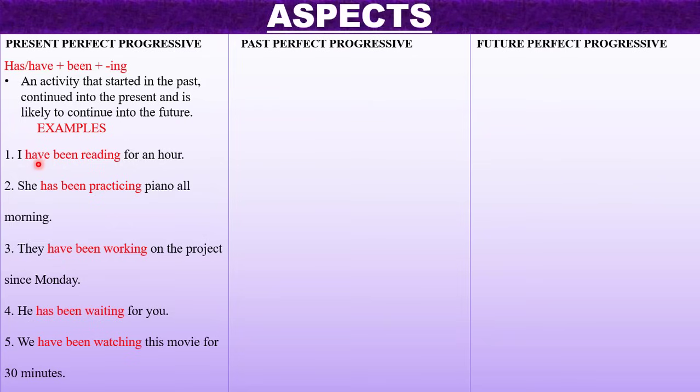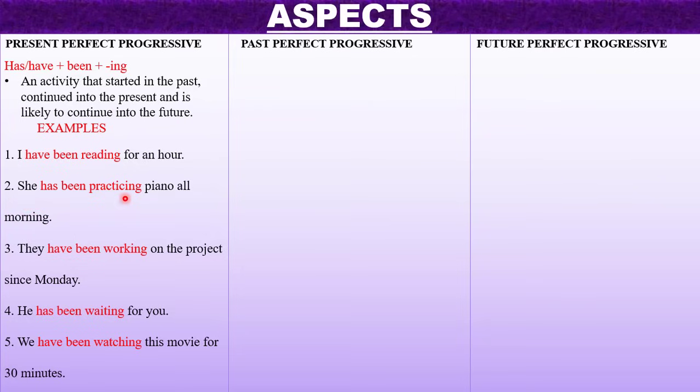It is possible that you are still reading and you haven't stopped. So, I have been reading for an hour is present perfect progressive. This is the present component. Then we have the perfective component and then the progressive component. So, present perfect progressive. Let us move on.